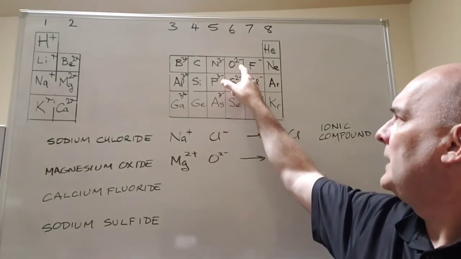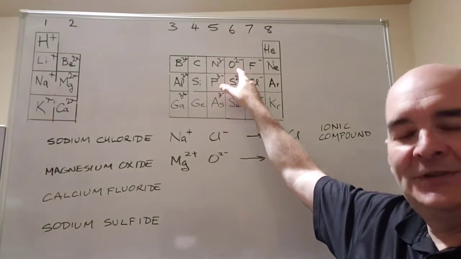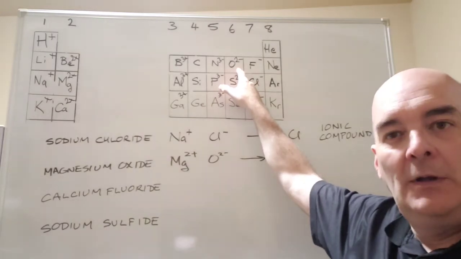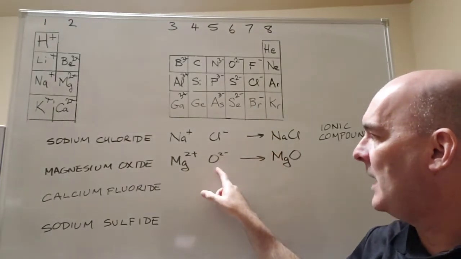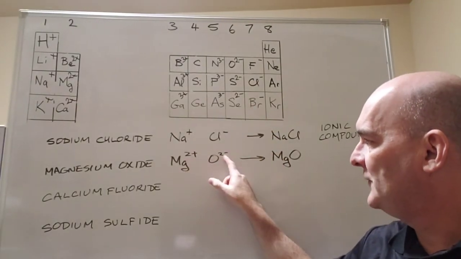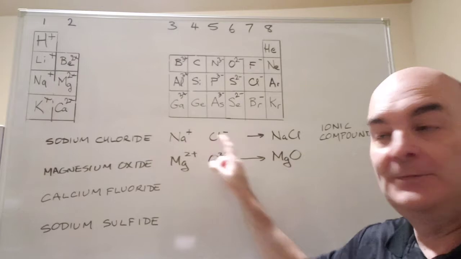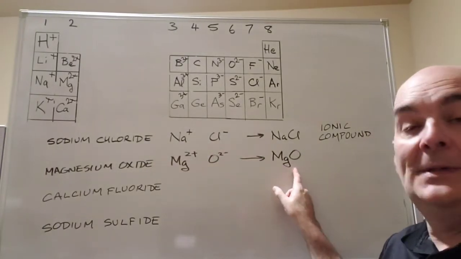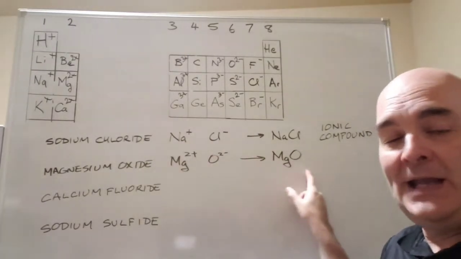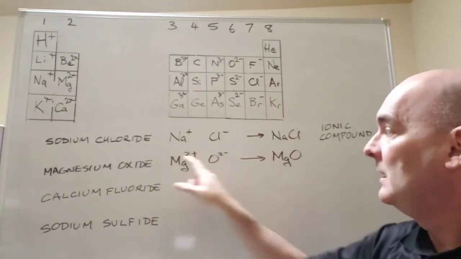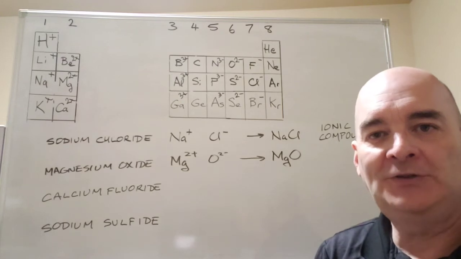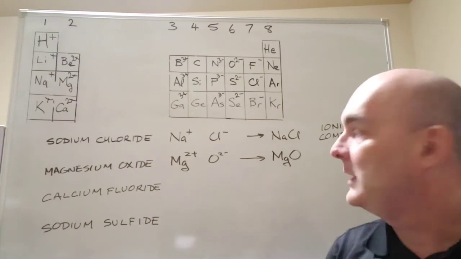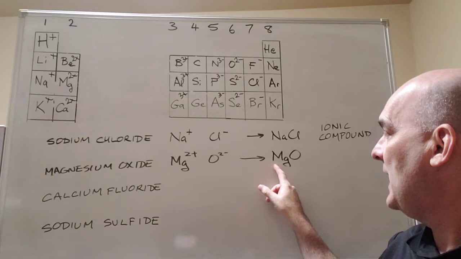I would then find oxygen, which is in group 6, a non-metal, therefore it would be reduced to a 2- anion, and the 2+ and the 2- balance each other out. And so the chemical formula of magnesium oxide, even though I may never have seen this before, they balance each other out, so whatever you've written down on the page is correct. The chemical formula of magnesium oxide is MgO.